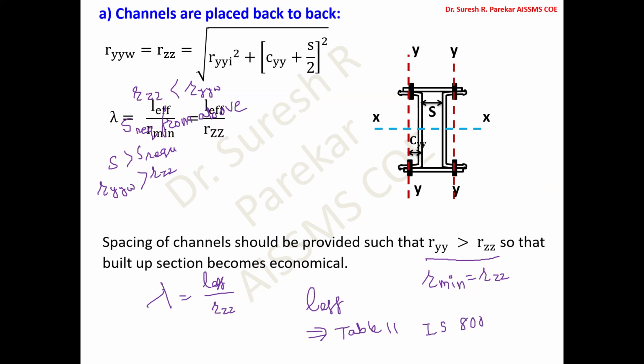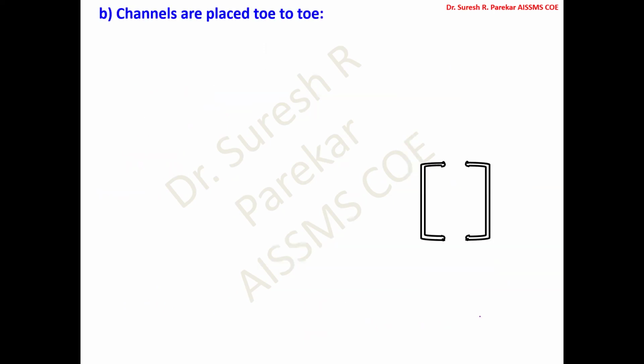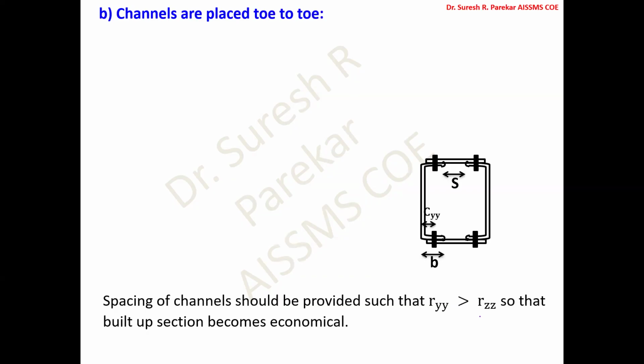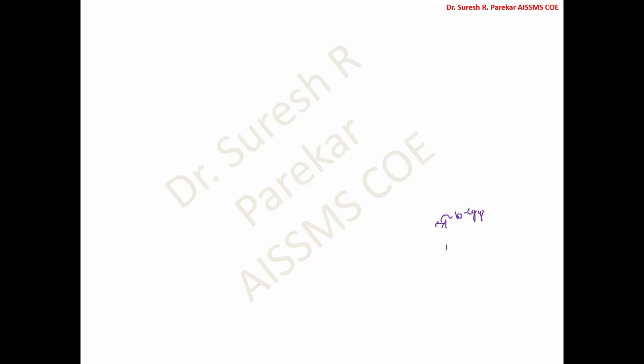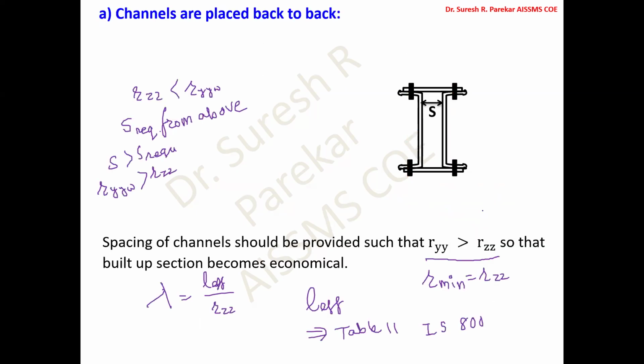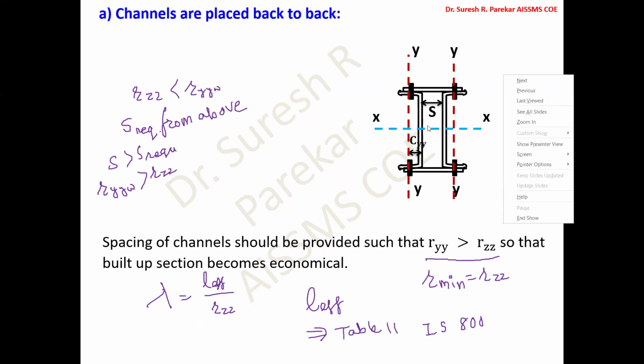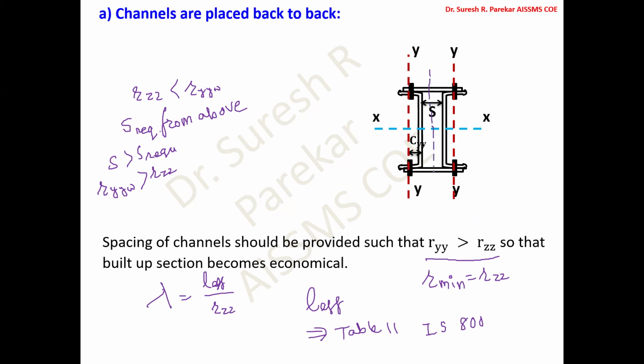Then we have the next case, channels placed toe to toe. The difference in this case: you can see CYY from this side, and we have the value B minus CY. In the end I will also show how we are going to consider this value of H. The center of the whole section will be y whole.